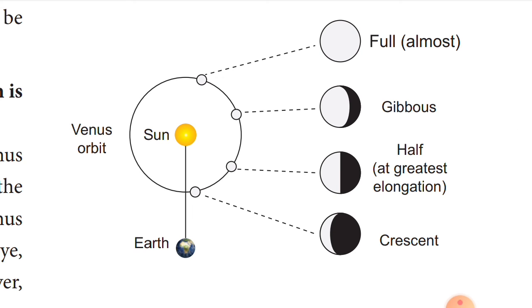Yes, Venus shows full, gibbous and half phases, with greatest elongations and then crescent phases. And this is a very important 5 mark question also, children. If Galileo were around today, he would surely be amazed by the explorations of the solar system by ISRO, the Indian Space Research Organisation, and NASA, and the Russian Space Agency also. They conclude the same thing.